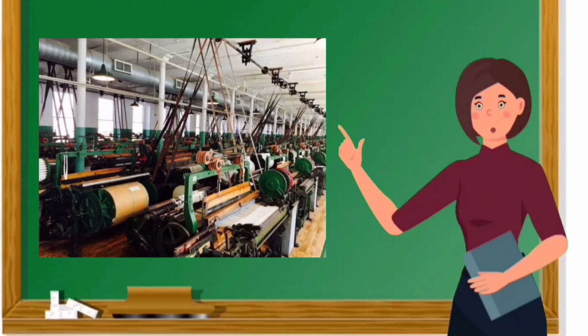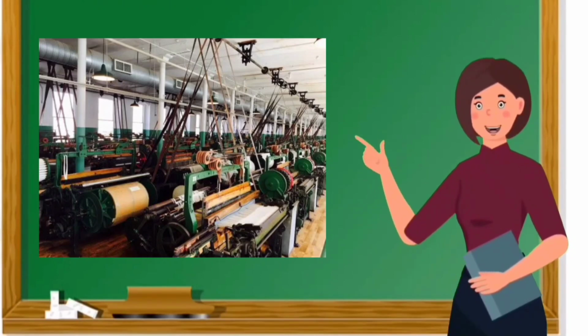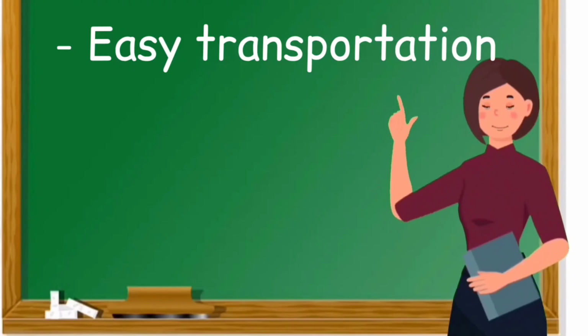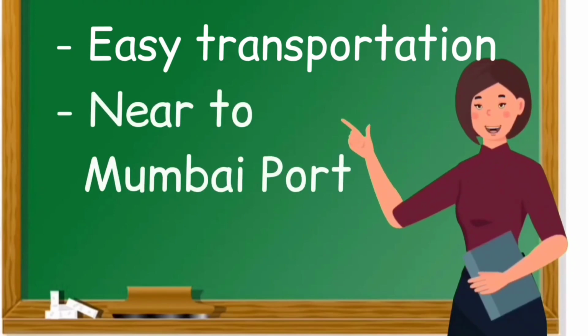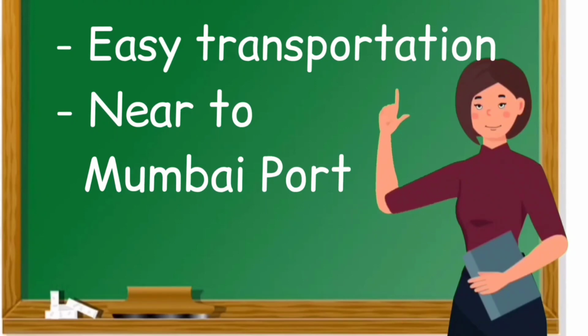The densely populated states of Gujarat and Maharashtra provide both skilled and semi-skilled labor. The well-developed road and railway network permits easy transportation of textiles to different parts of the country, thus providing easy access to the market. Mumbai port nearby facilitates import of machinery and export of cotton textile.